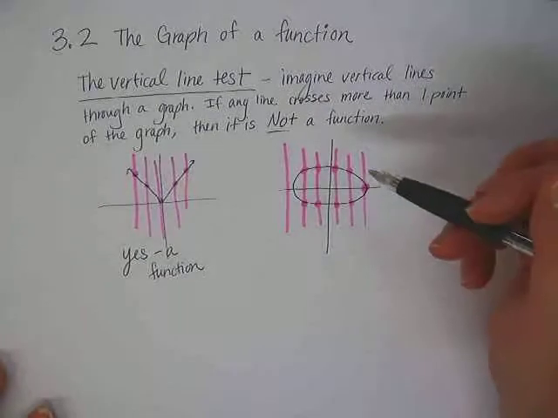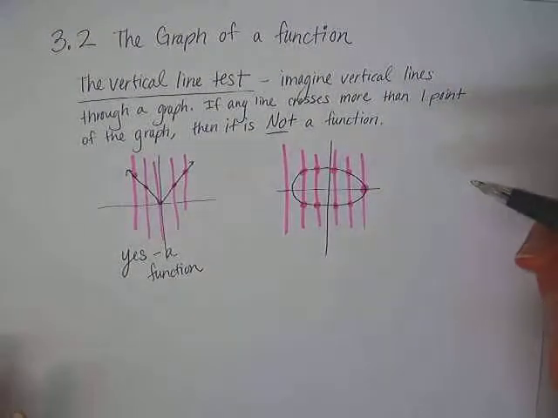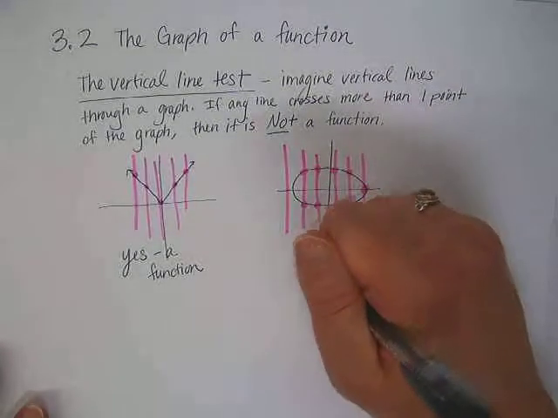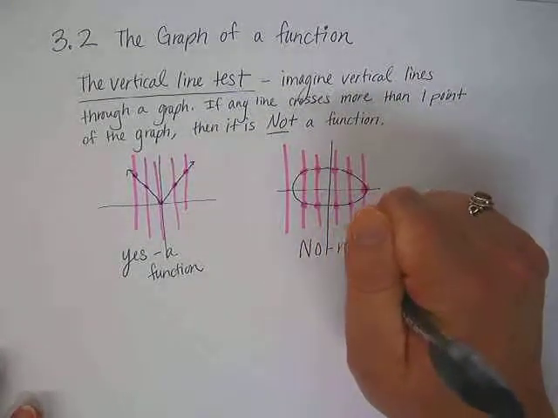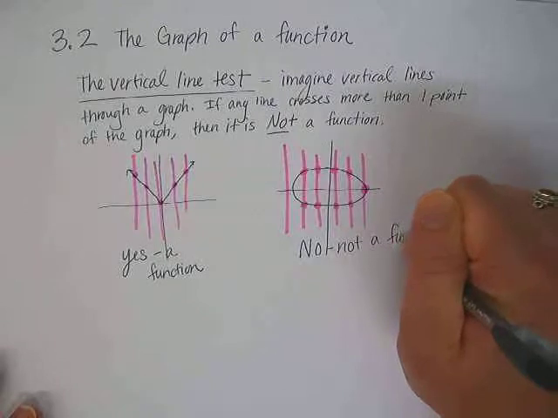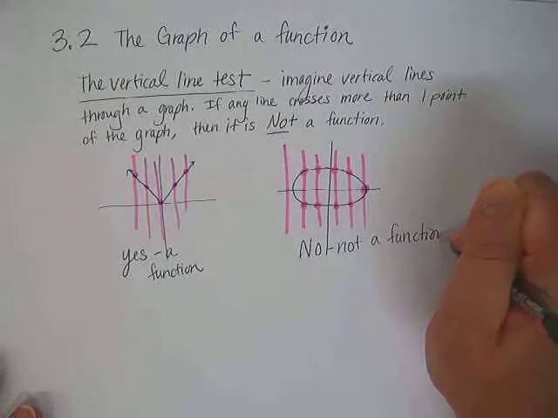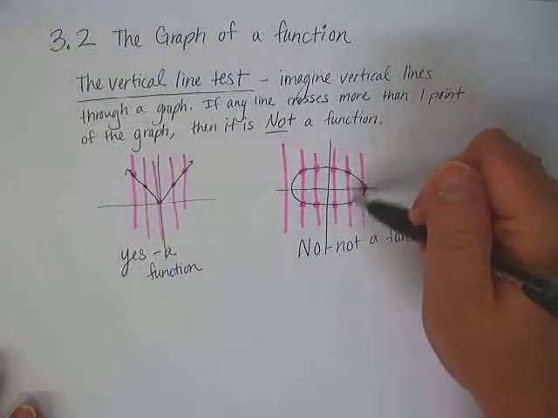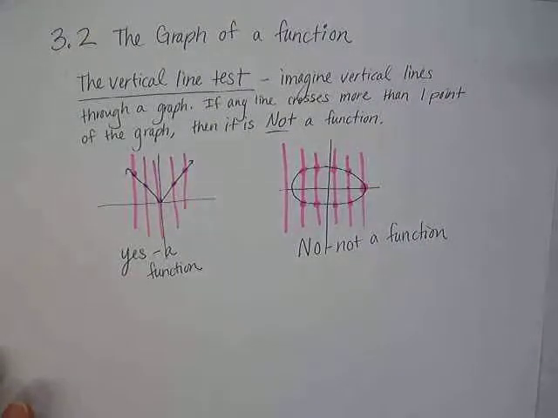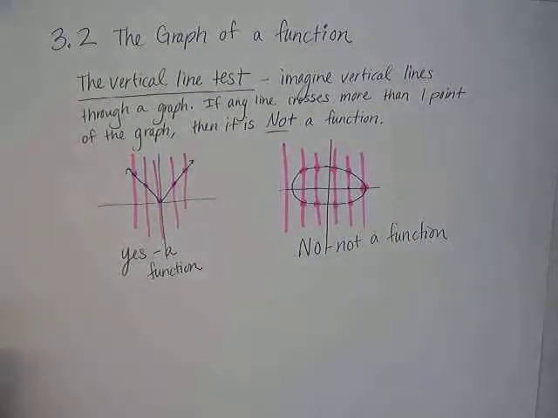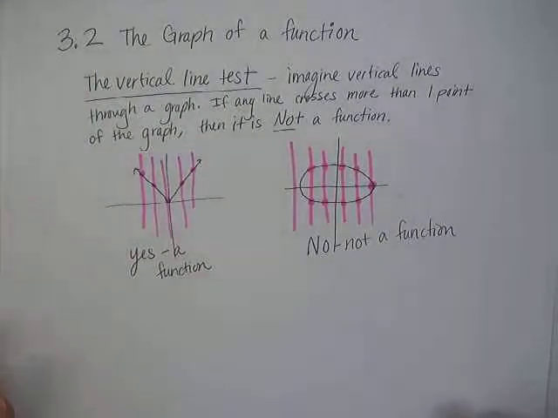That one might only be 1 if I hit it in the right spot. But the fact is, if any of those lines hit more than 1 point, then the answer is no. Because that would mean that for each of these x values, there are 2 y values, right? Which cannot be a function. Do you guys remember that test?